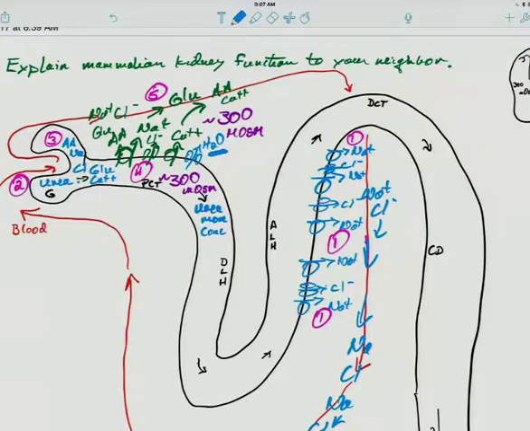These pumps in a human are capable of producing about a 200 milliosmol difference. In other words, about a two-fold difference when we're at 300 milliosmoles. So around here, inside, we might be 100, and outside 300.